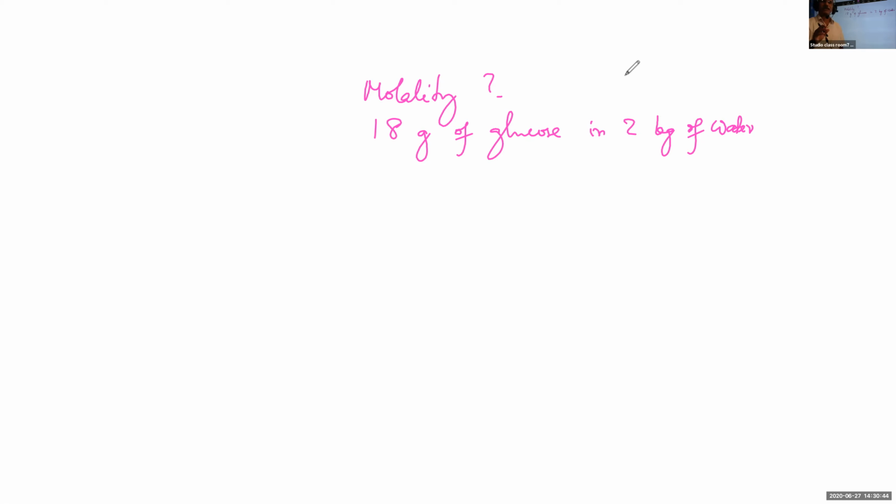To find out the molality, we need the number of moles of glucose. But the number of moles of glucose is not directly given. You are given only the mass. So you find out the number of moles of glucose first. So our equation is this: molality is equal to number of moles of solute, glucose here, by mass of solvent in kilogram.